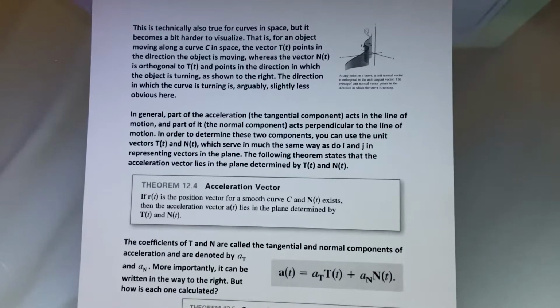In general, part of acceleration acts in the line of motion, and part of it acts perpendicular to the line of motion. In order to determine these two components, you can use the unit vectors T of t and N of t, which serve in much the same way as i and j do, representing vectors in the plane. And it has to do with curving, right? If a three-dimensional shape is curving, part of your acceleration is going in the direction you are currently going, and part of it is helping it turn.